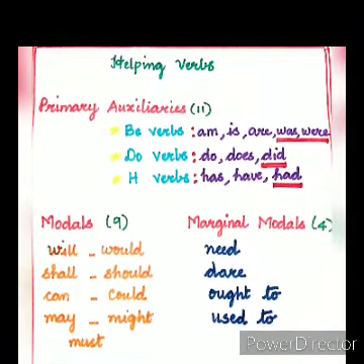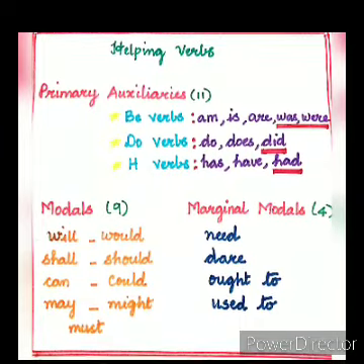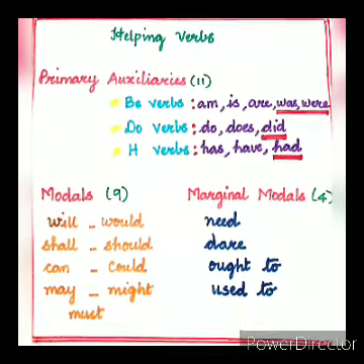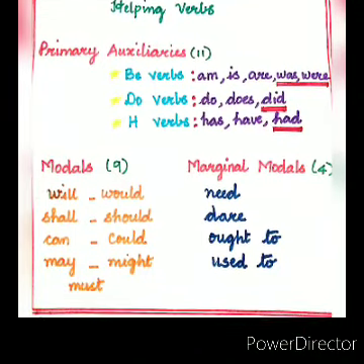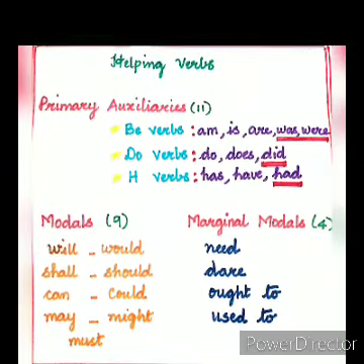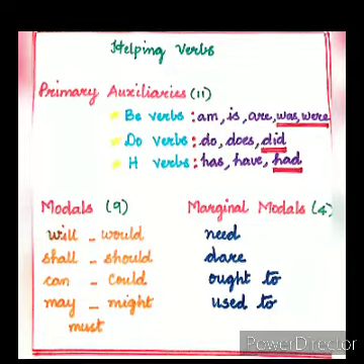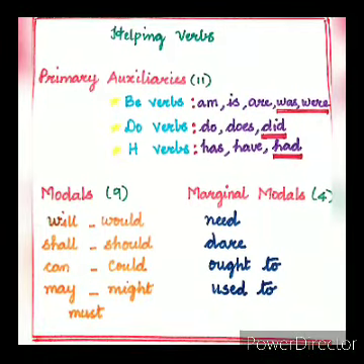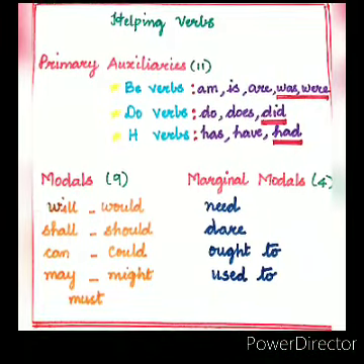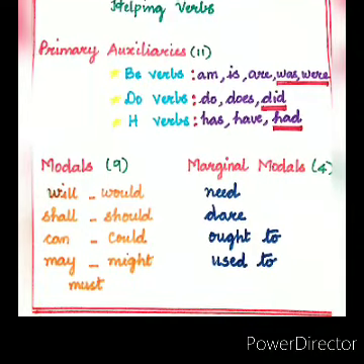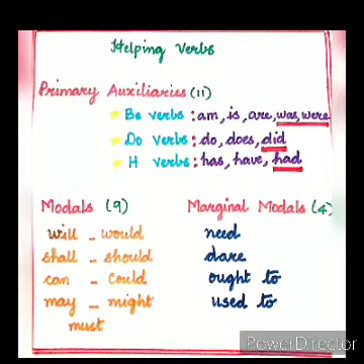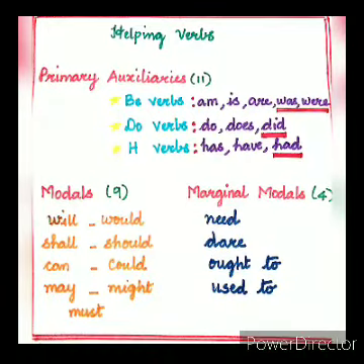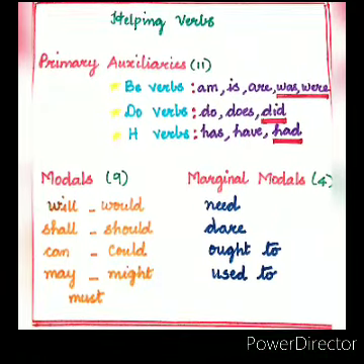The be verbs am, is, and are are present tense, and was and were are the past tense of am and is and are respectively. Am is used before the pronoun I. Is and was are used for singular subject. Are and were are used for plural subject.